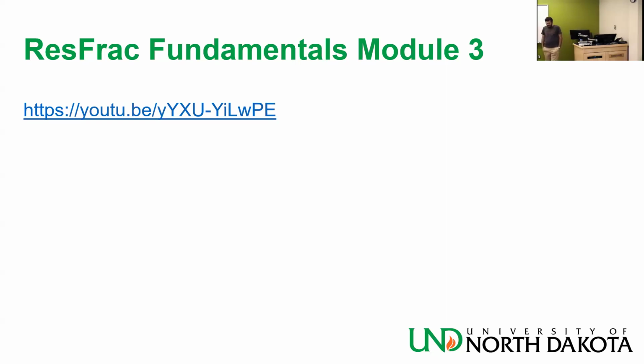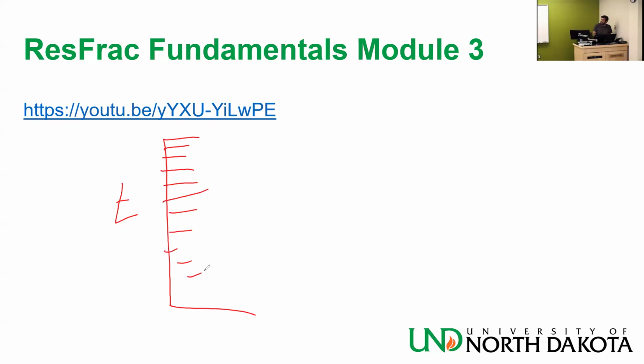Basically what we are going through now is elements that any code for hydraulic fracture initiation will be using. For instance, how does the code work? It's going to be multiple iterations in time. So we go time step 1, 2, 3, 4, 5, 6, 7, 8, 9, 10.